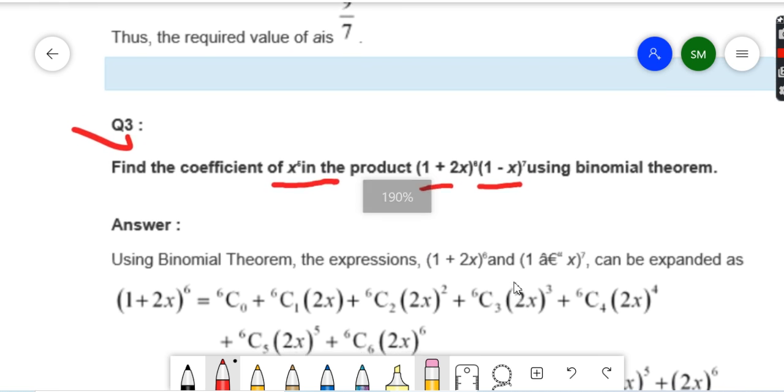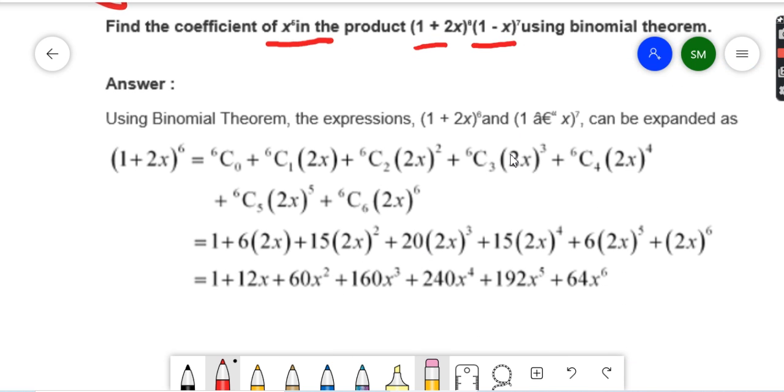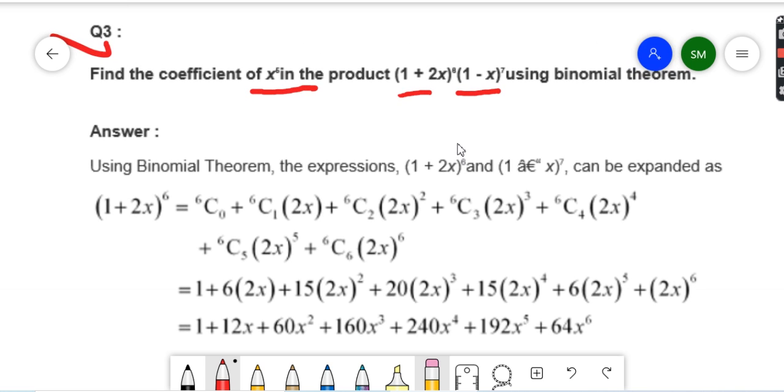Okay, so what I will do is, we have to find out the expansion of (1 + 2x) raised to 8 as well as (1 − x) raised to 7. So first of all, is it 8 or 6? Let me check.